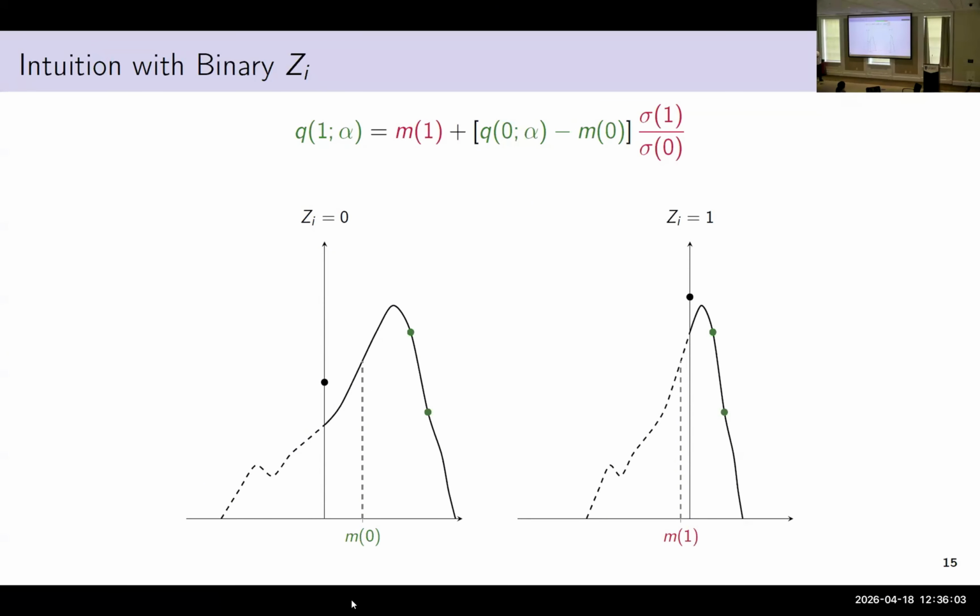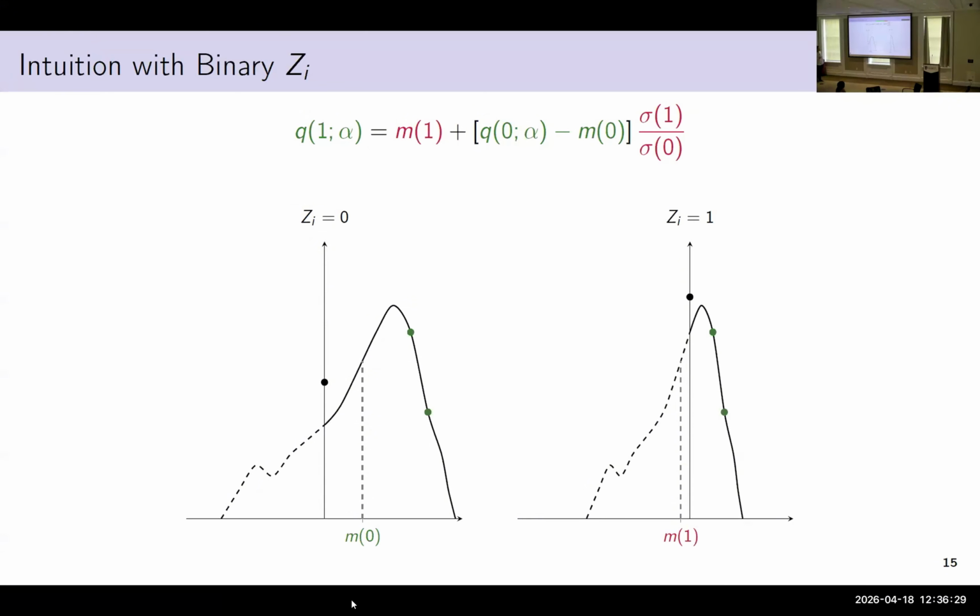This will depend only on the conditional mean at z equals 1 and the ratio of scales. Because I have two quantiles, this is a system with two unknowns, the ratio and the mean. Since I have identified M0, I can use those two quantiles to recover M1, like solving a linear system.